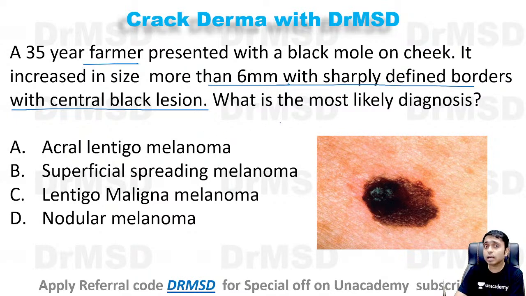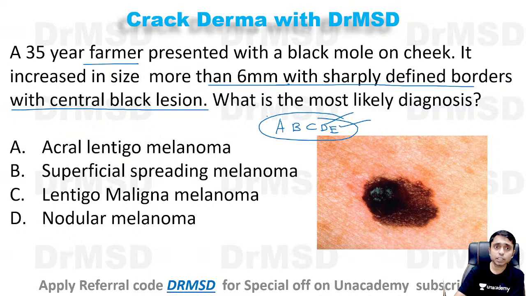Why? Because A, B, C, D, E, these features are being explained actually in the question. So you can see the diameter is more than 6 millimeters and there is some evolution happening in this lesion. That is, the color changes, the central color is becoming blacker, so color variation is also seen, and borders are also changing.